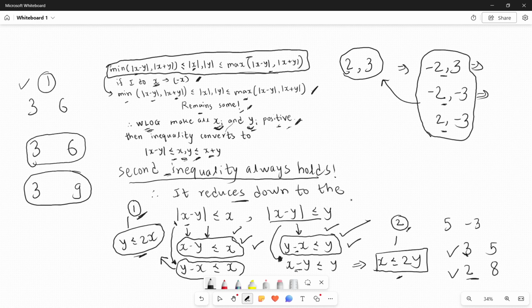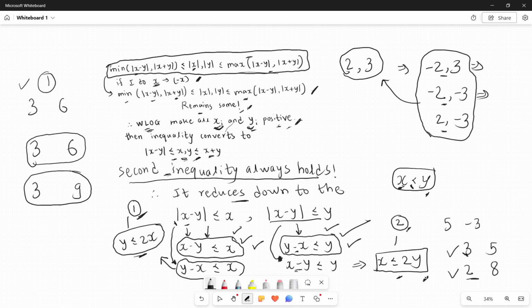So what I can do is sort the vector or the array they have given and assume that x is less than or equal to y. I'll keep two pointers, where the pointer of y will always be to the right of the pointer which has x.